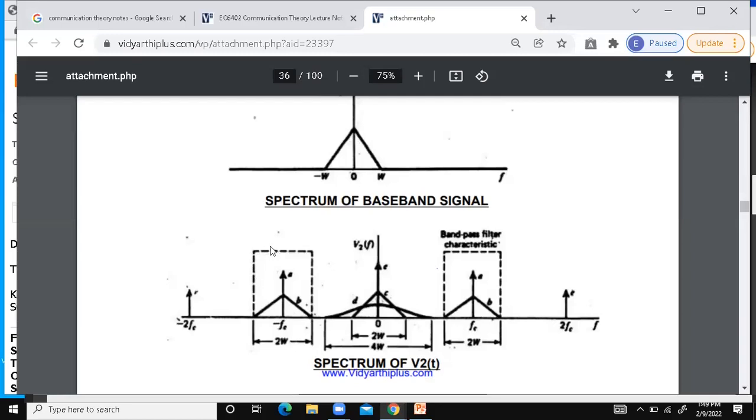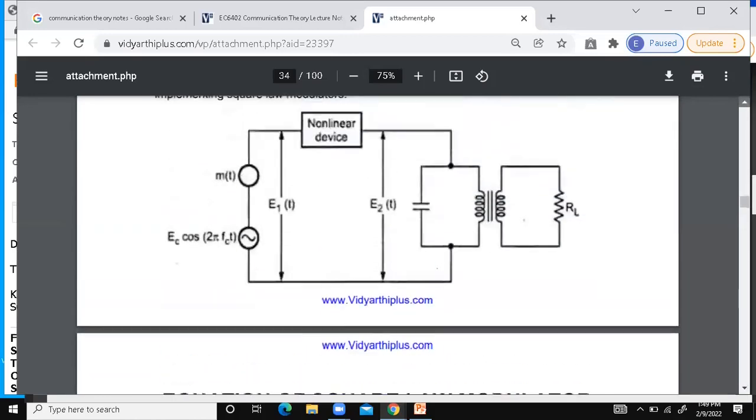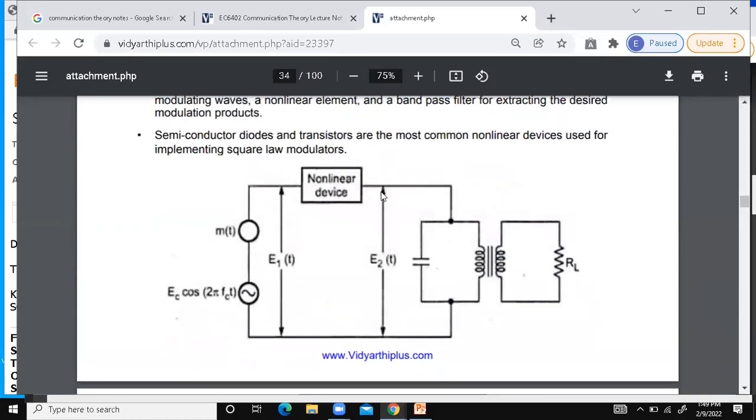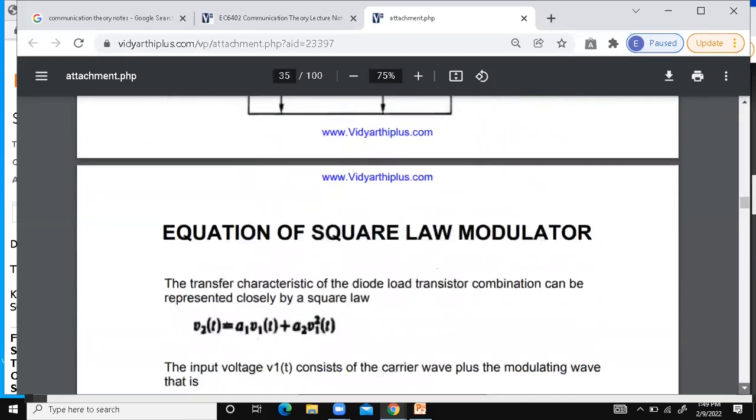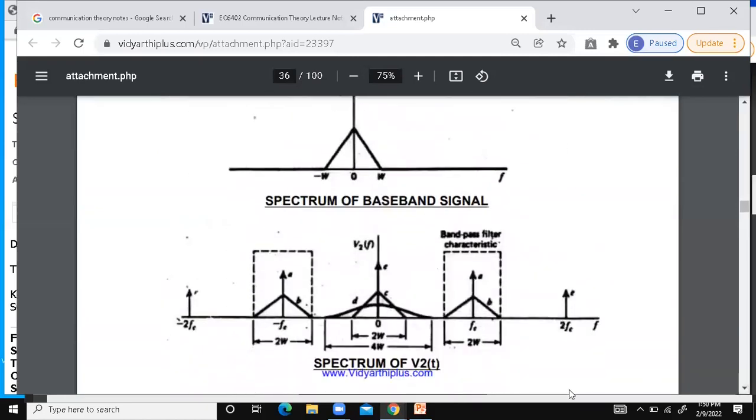But this is a little bit more than what you would get here. That is after you go through that and go to the bandpass filter, you would get this. Because this is what you want.